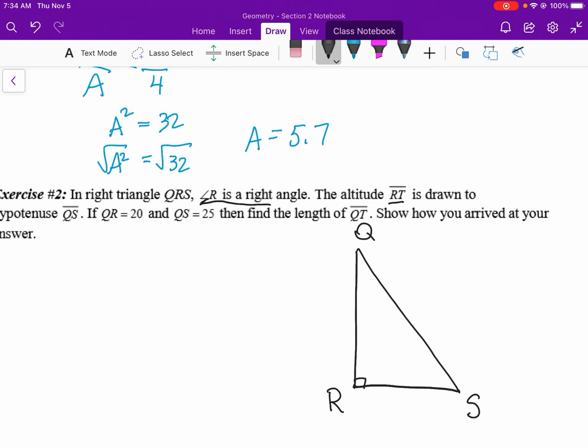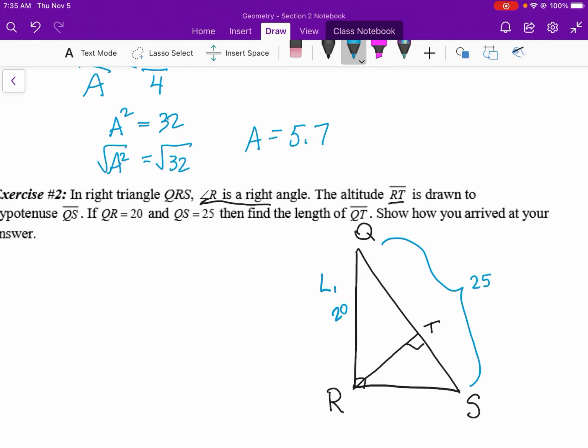The altitude RT, so that's here, is drawn to the hypotenuse QS. QR is 20, and that's a leg. QS is my hypotenuse.